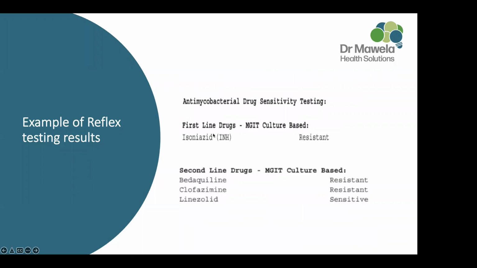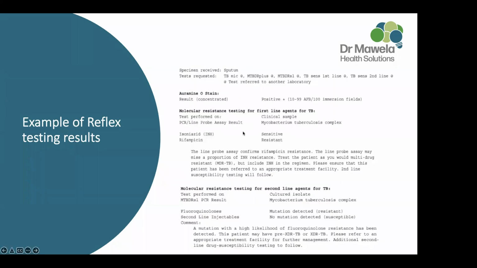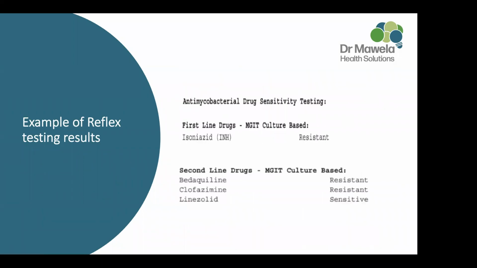So you can see now, this is MGIT culture, isoniazid is resistant. If you remember, LPA had said INH sensitive, and I said LPA can miss mutations. So don't forget to check your culture results. And then they also check for your clofazimine, bedaquiline, and linezolid, and you can see there's some resistance to those second line drugs too.